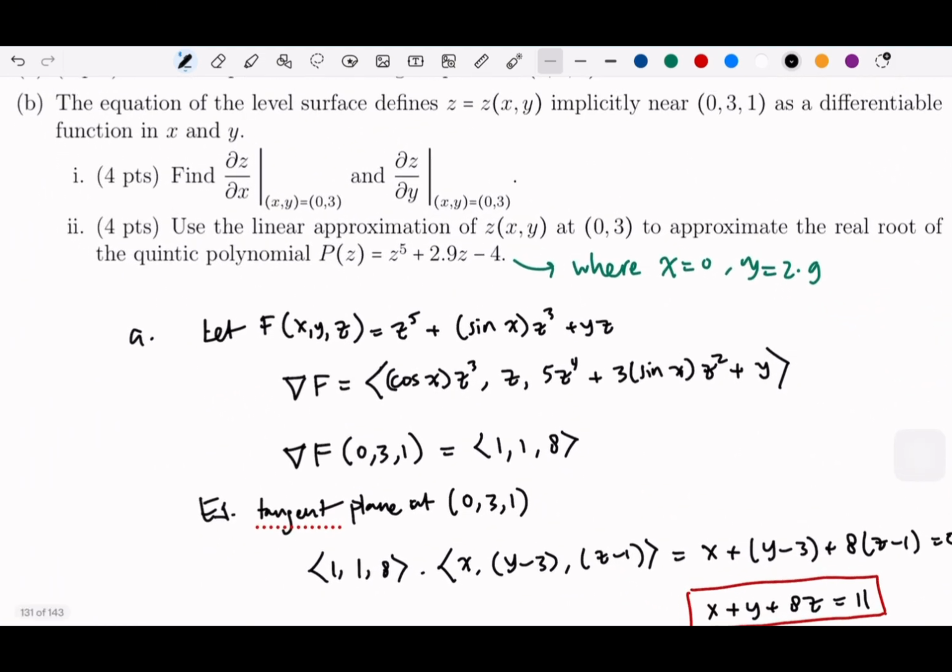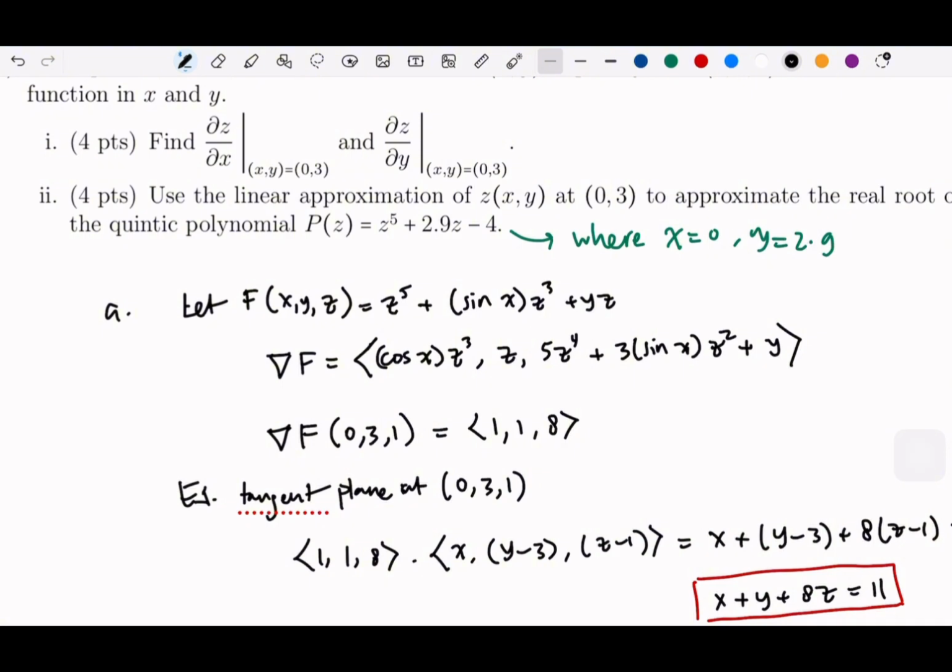So first, we could define the function and name it. I will name the function capital F. So this is our function, right? And then we can take the del F, meaning partial x, partial y, and then partial z.